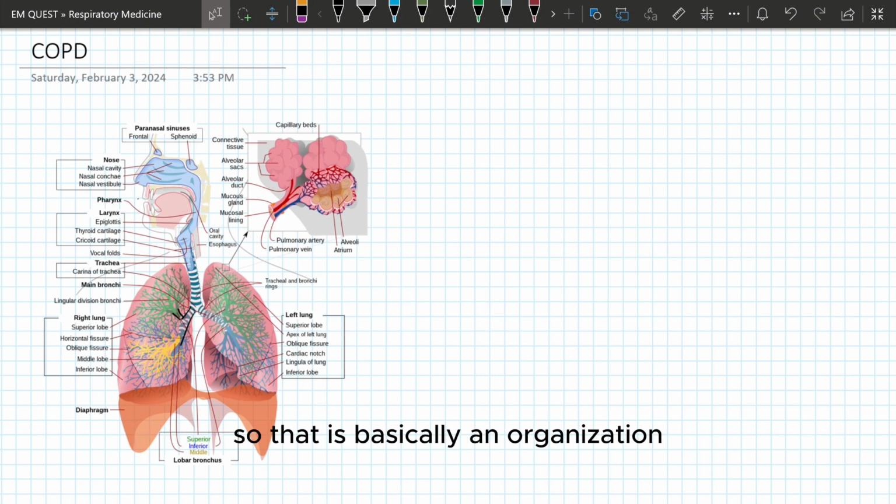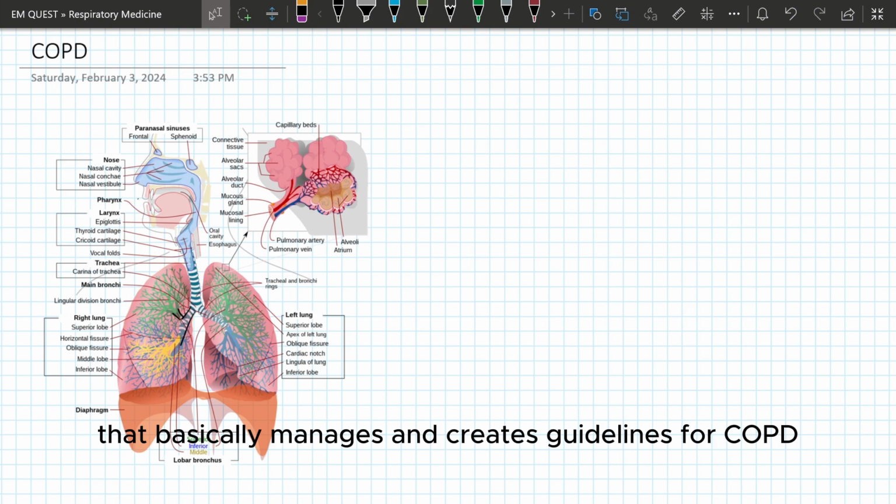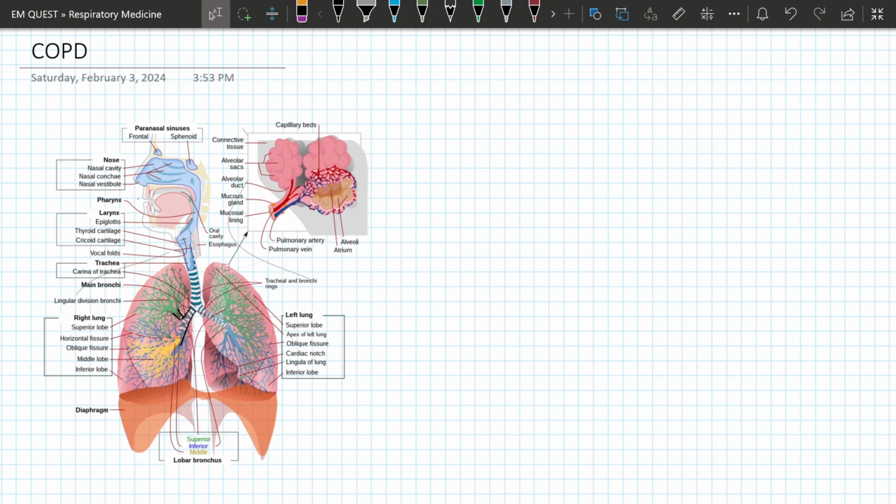So there is basically an organization, if you will, called GOLD that manages and creates guidelines for COPD. And they have a mouthful definition of how they define COPD.